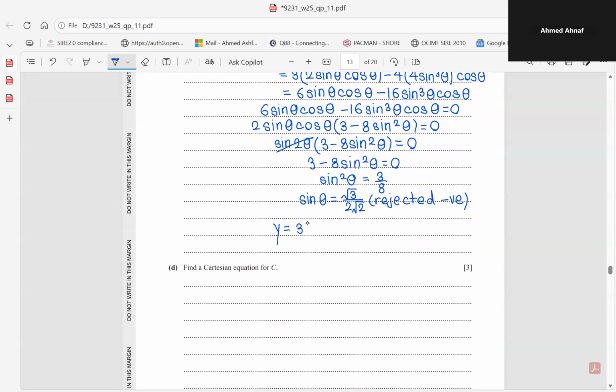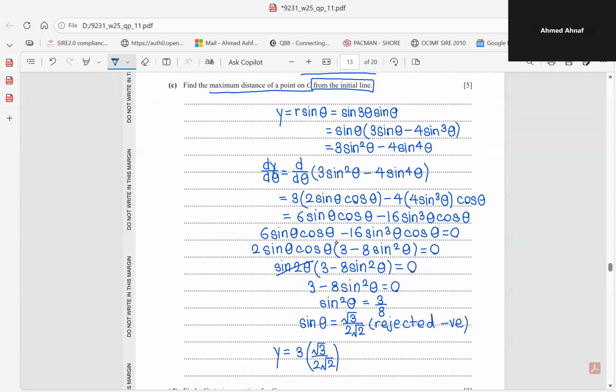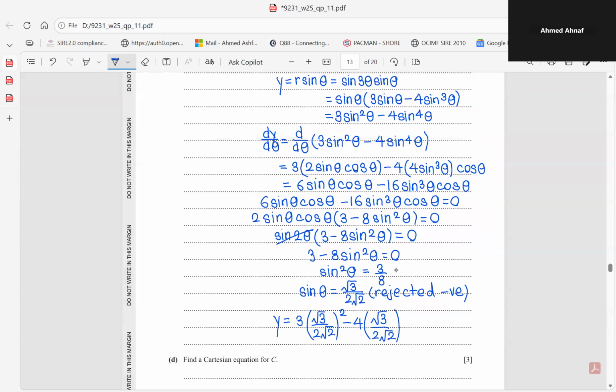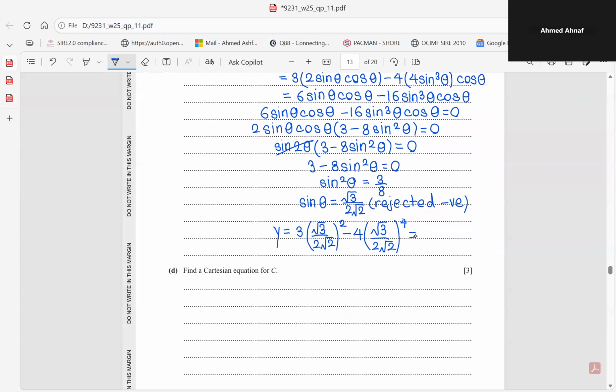So 3 sine squared theta, so 3 times square root 3 over 2 square root 2 squared, minus 4 times square root 3 over 2 square root 2 to the power of 4.